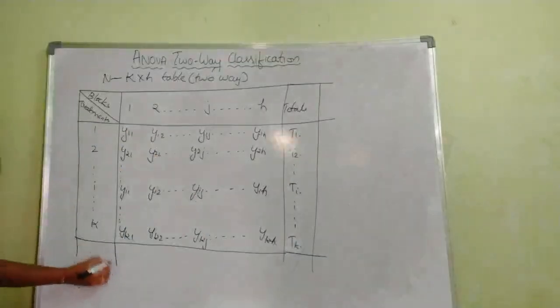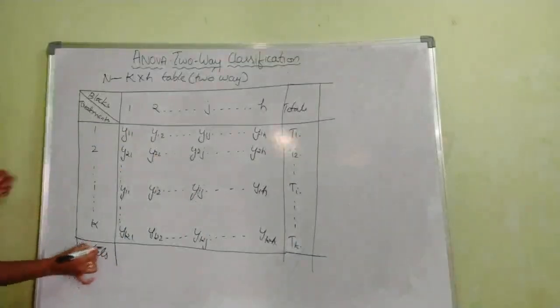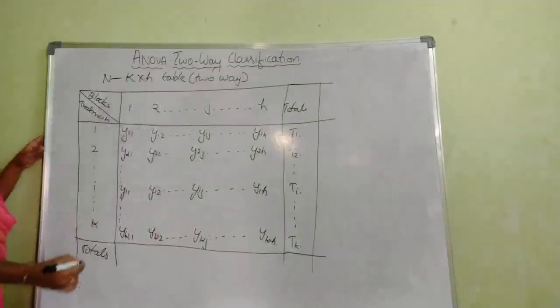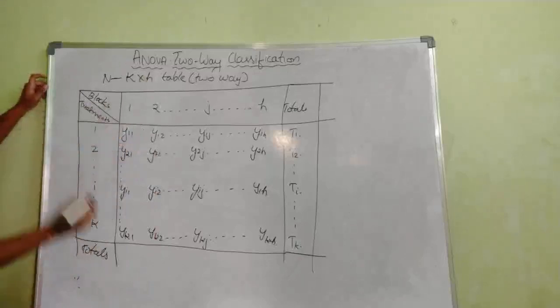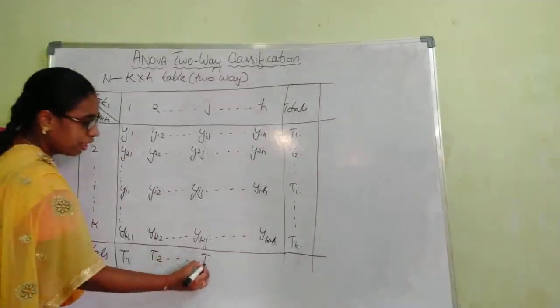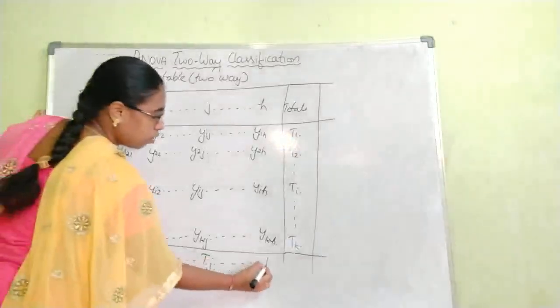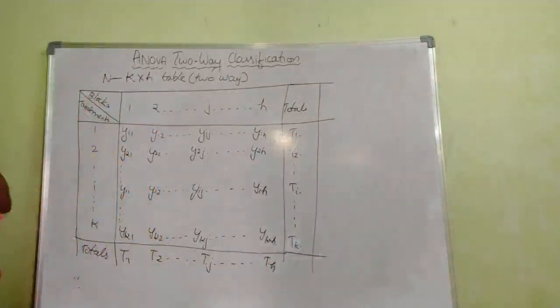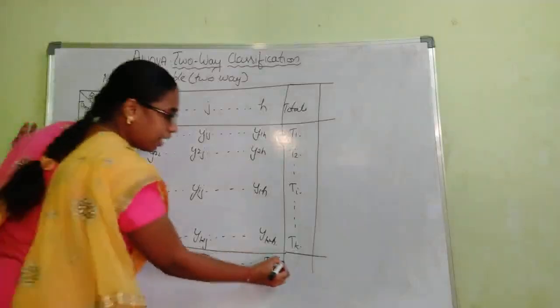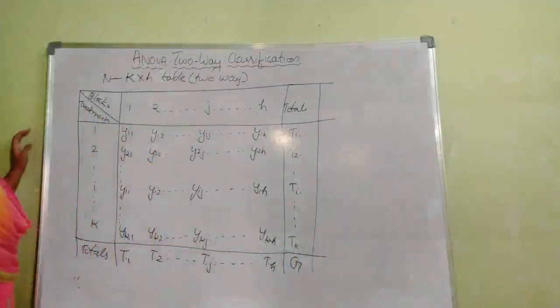Similarly, here totals we are going to consider for each block. This is block 1, block 2. Here observations end at J, so T dot 1, T dot 2, so on, T dot J, so on, T dot H. If you add all the totals, what are we going to get? The grand total, which is the total of all observations, grand total G.